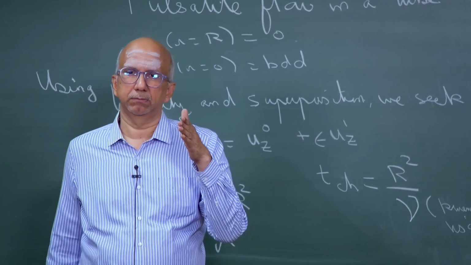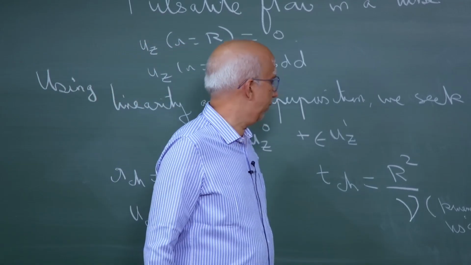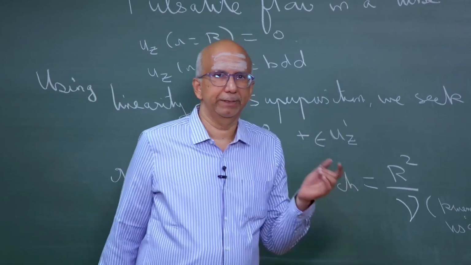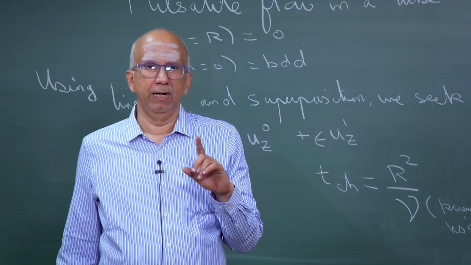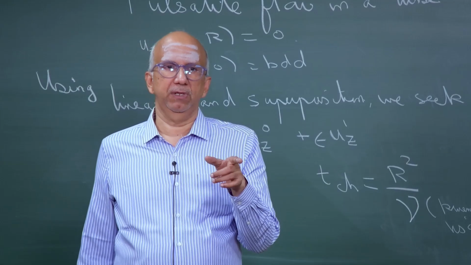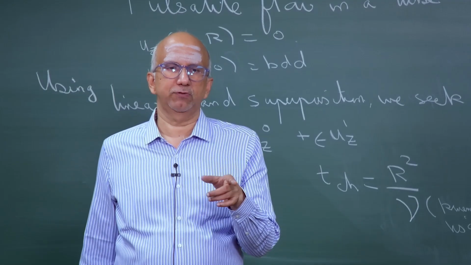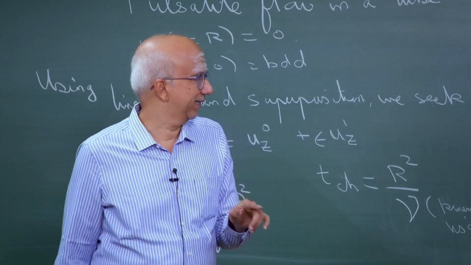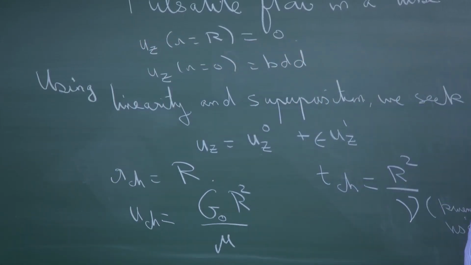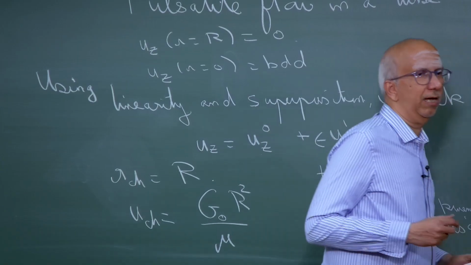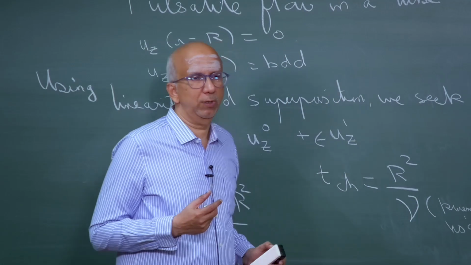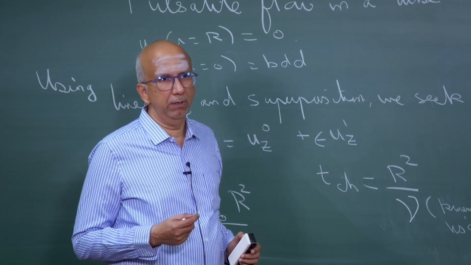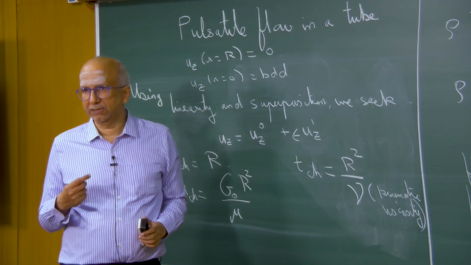distance r. Now I want you to realize that there is another possible scale which I can choose for T characteristic, and that is the reciprocal of this frequency. So there are usually several options available to you when you are making things dimensionless.